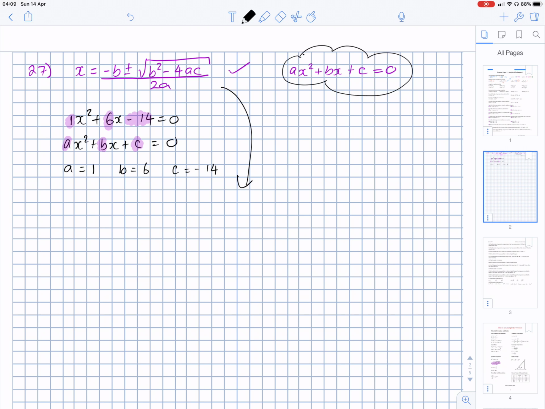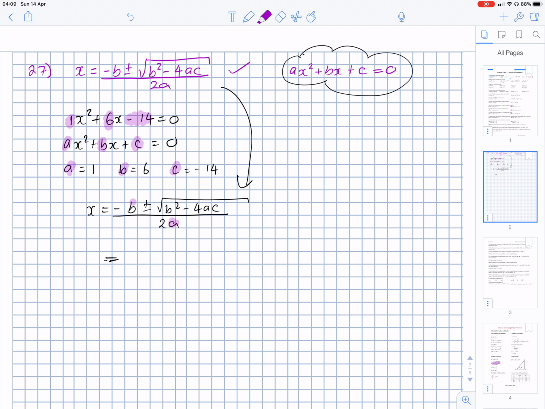And we take this equation, which is x equals minus b plus or minus square root of b squared minus 4ac divided by 2a. And we're going to substitute these values for a, b, and c.